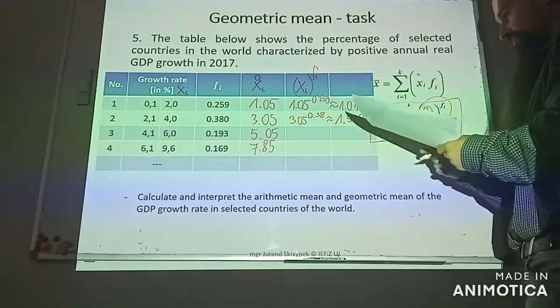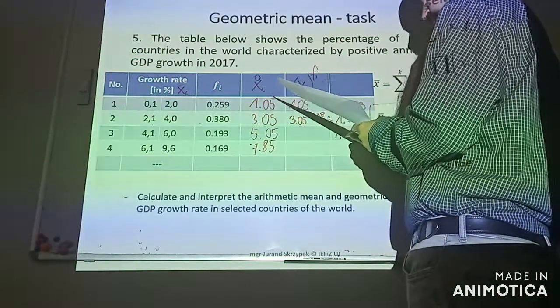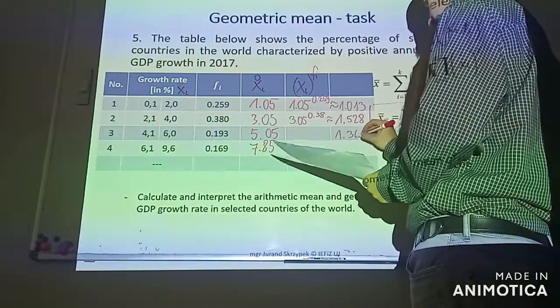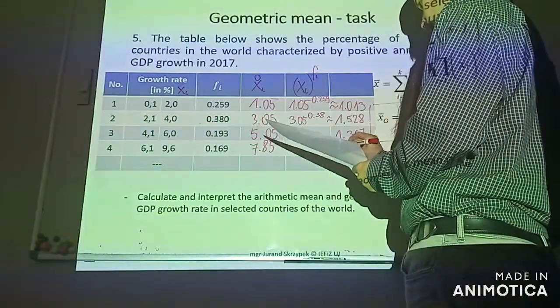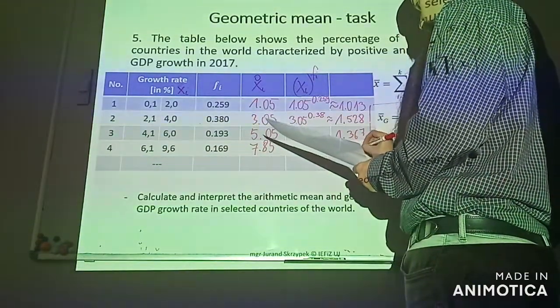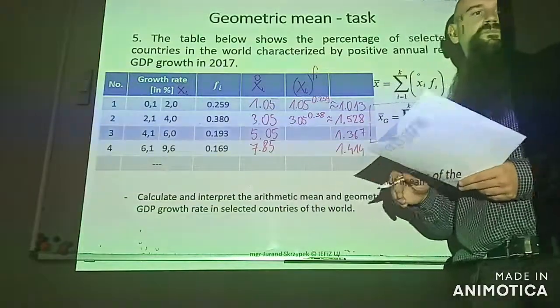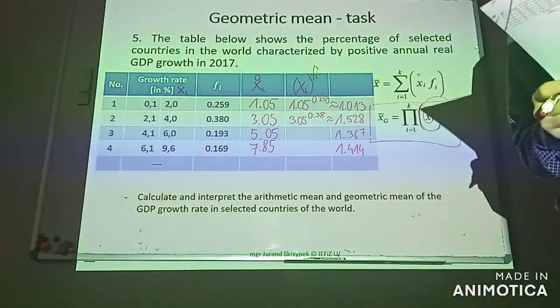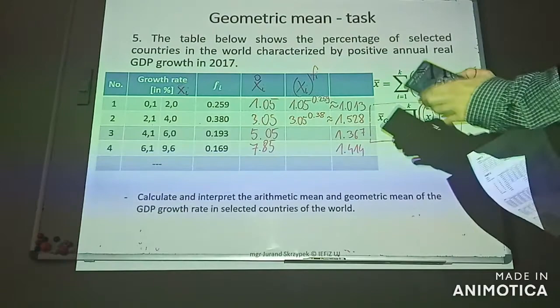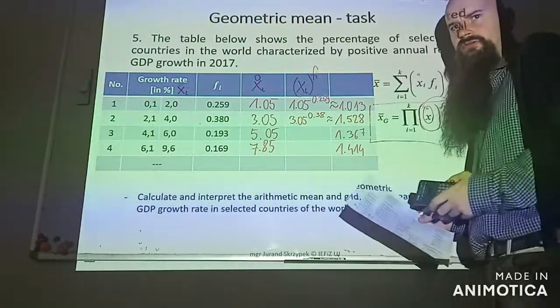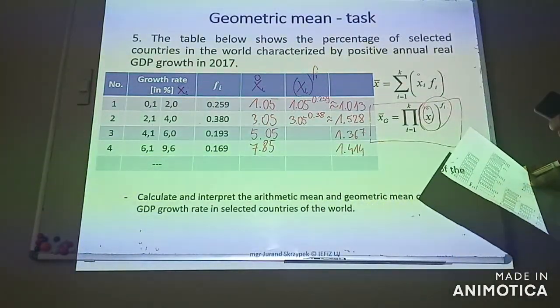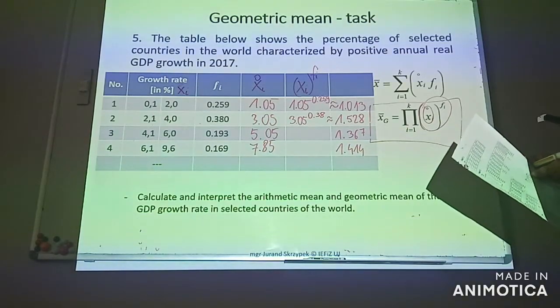The next values are 1.367 and 1.414. The scientific calculator is needed here.